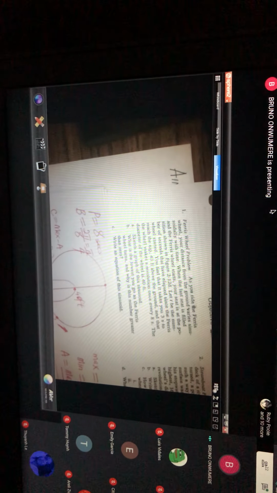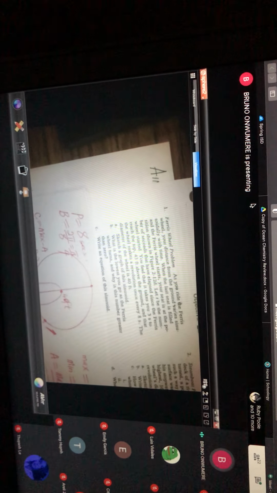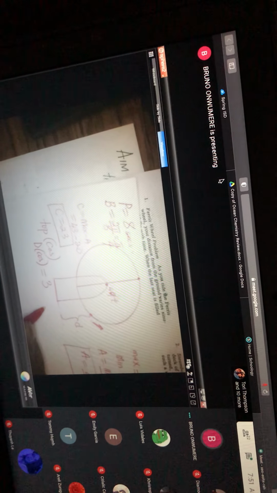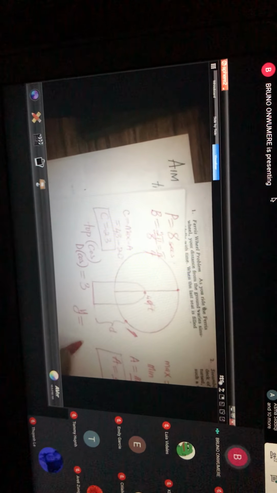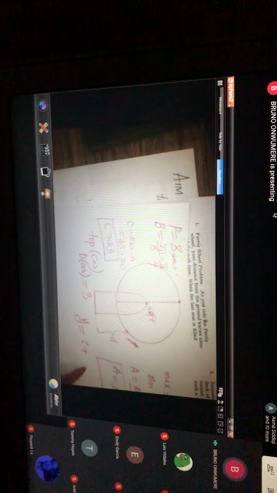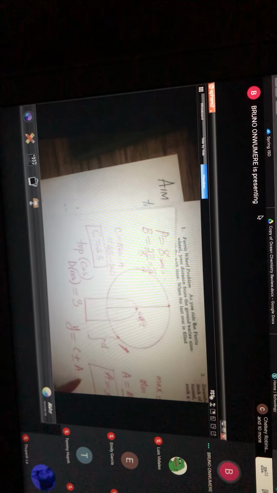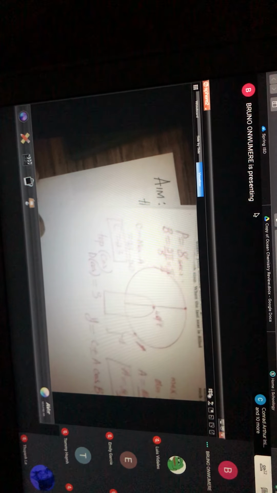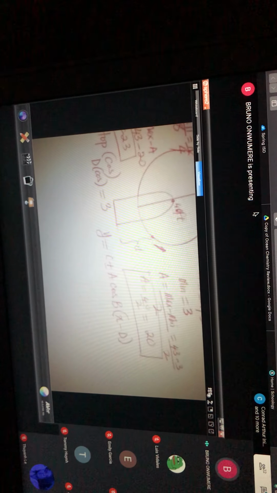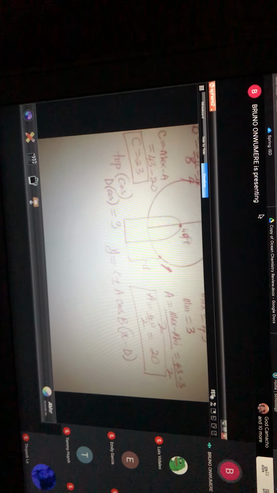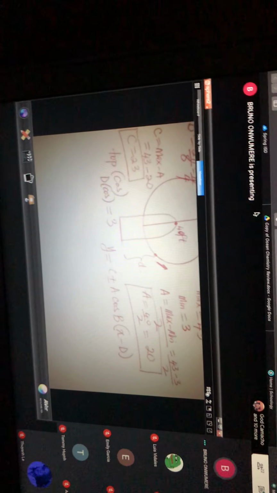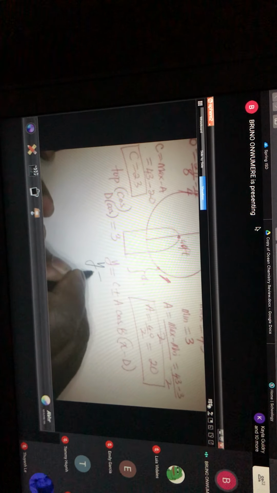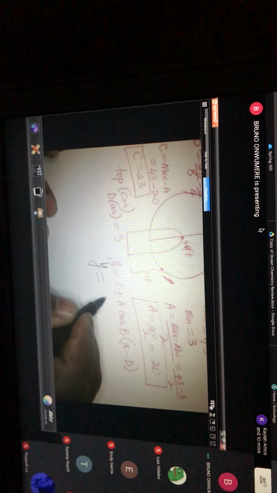So, I have A, B, C, D. I can write the equation now. How do I write the equation of a sinusoid? It's C plus or minus A, in this case cosine of B parentheses x minus D. This is my formula to write the equation of a sinusoid. Do I have all the information now to write the equation? Yes. The equation becomes y is equal to, what is my C? 23.